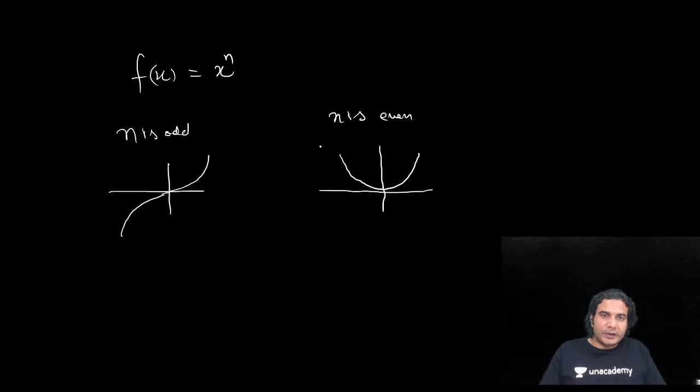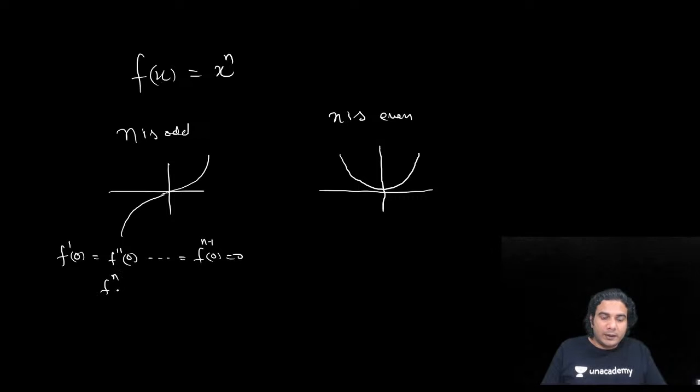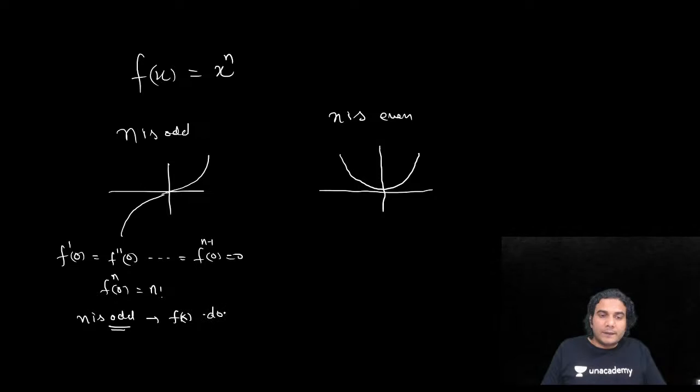Because in such cases you can check f(0), f dash 0, f double dash 0, and so on. The (n minus 1)th order derivative, if you calculate, comes out to be 0. But the nth order derivative comes out to be n factorial. It's positive.